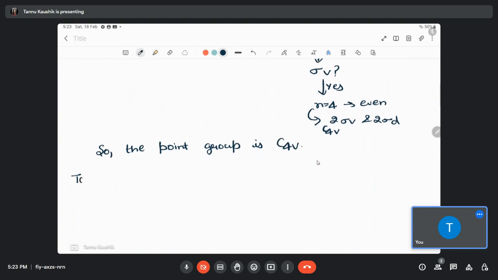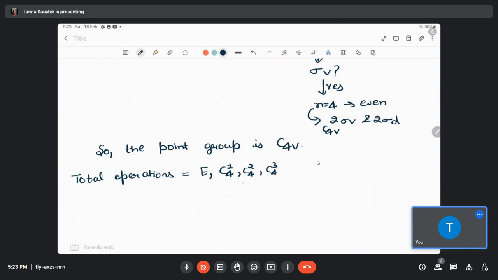C4v. And what are the total operations here then? Here we have the identity operator, we have the C4 axis of rotation, and what are the operations generated from this C4 axis of rotation? That is C4^1, C4^2, C4^3, and C4^4 is again the identity operator.